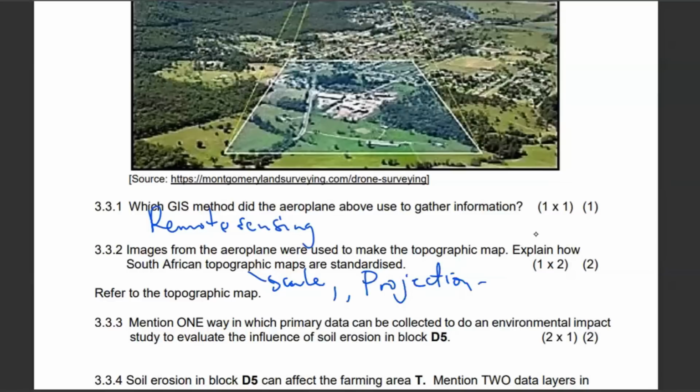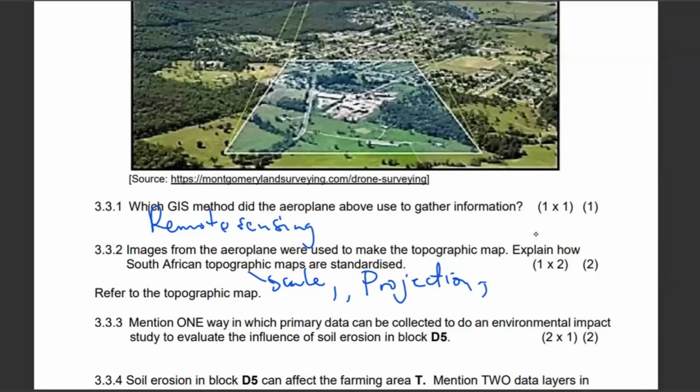So we also use projections such that we do not have misleading or wrong information, because the information that has been captured is from a curved surface. Our earth surface is not actually flat, but we need to take that information and put it on a flat piece of paper. We have to use projection. So projection is also another way of standardizing the maps.